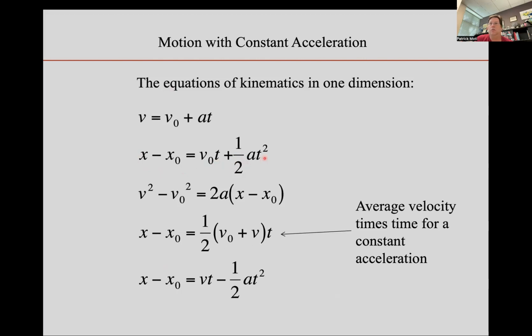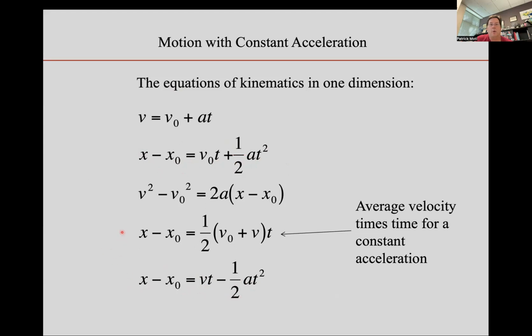So position is changing quadratically with time. This one does not involve the final velocity, but it has a partner equation here at the end. Displacement is equal to final velocity times time minus a half acceleration times time squared. So this one does not involve the initial velocity.